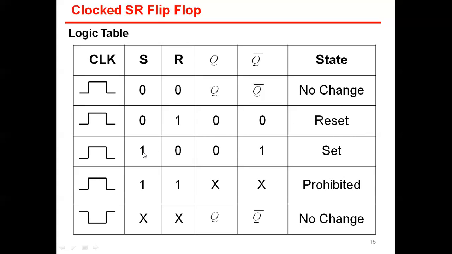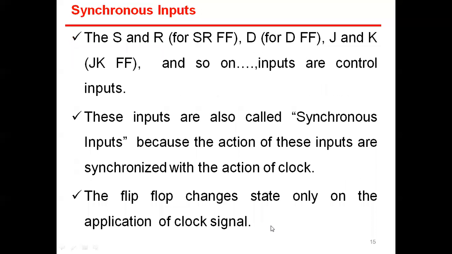When S is 1, the clock is high, R is 0, then also the output is set to 1. It is called set. When the clock is high and S R is 1 1, it is prohibited. It means it is trying to become either 0 or 1, so it is called prohibited. Now while the clock is low, with S R 0 0 or don't care, it is no change. Whatever is here, that will be Q and Q bar.